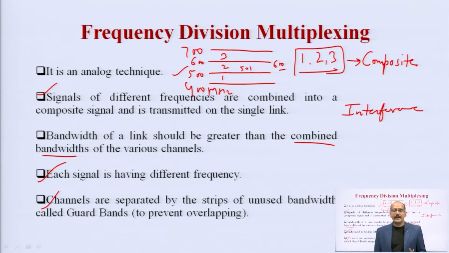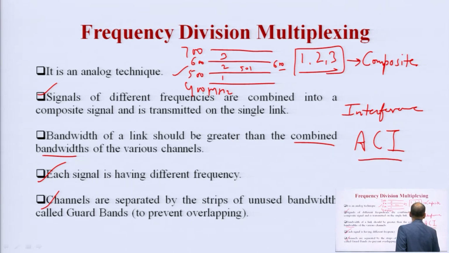But practically it is not possible due to ACI. What is ACI? Basically, ACI is adjacent channel interference. It means if 2 channels are just adjacent to each other, there is a chance of frequency interference between them.